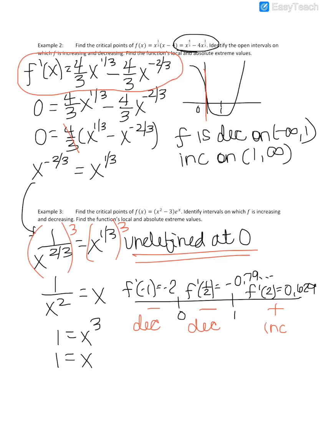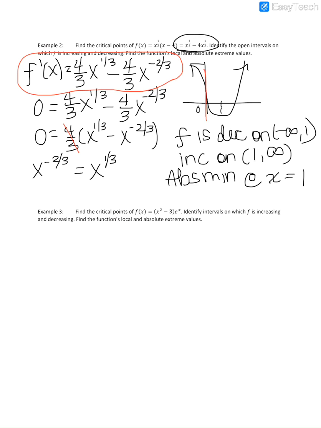So the only one that we have is right here at 1 because it was decreasing up until 1 and then started increasing. So that is an absolute min. So absolute min at 1. And there is no max because, as you can see from the graph, it just keeps going up in either direction, so no max.